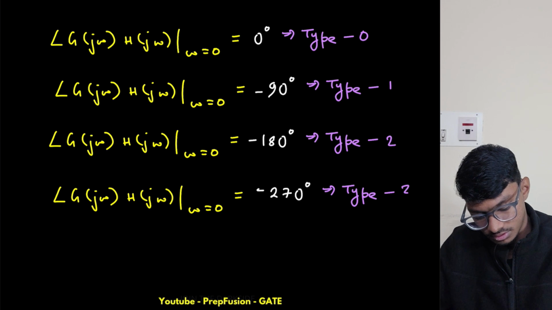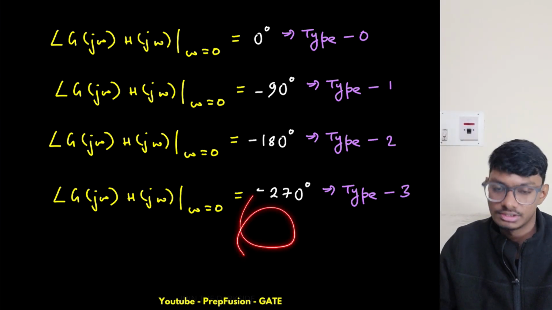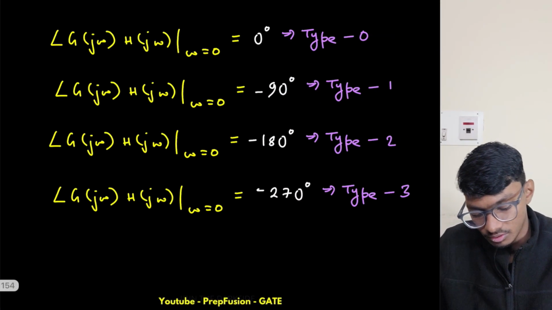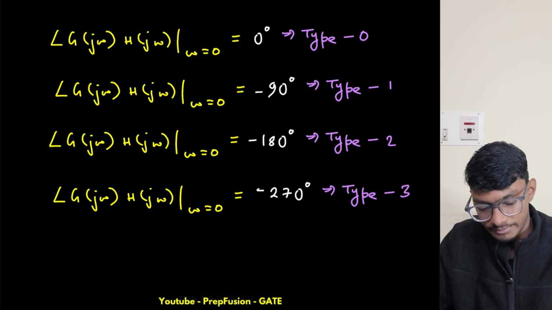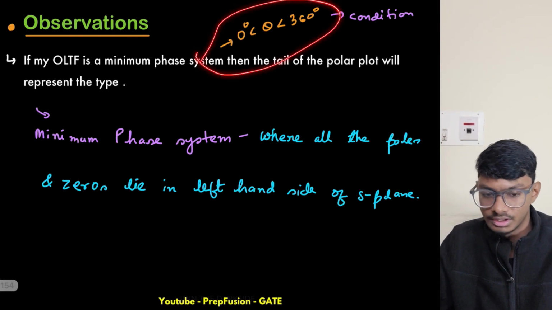One, two, three. For type 4 I can't explain. If it is 360, then it can be 0 degrees also, so this can be type 0 also. That is difficult to predict, but up until type 0 to 3 we can predict. That's why I made a condition over here.